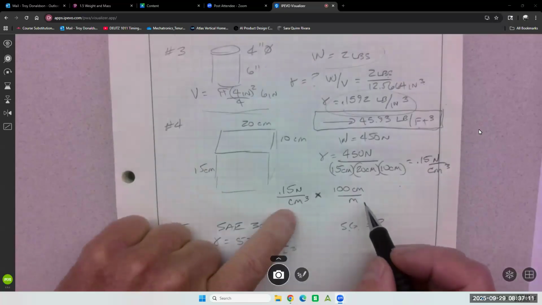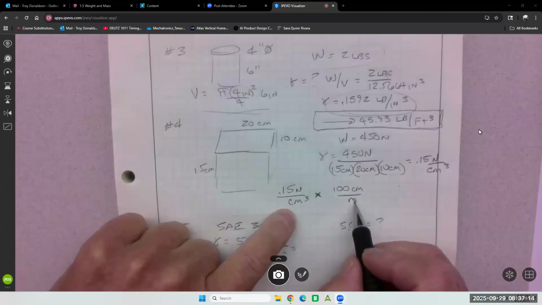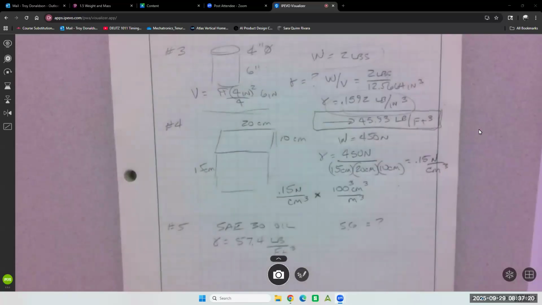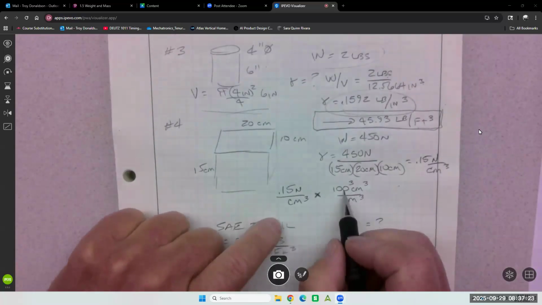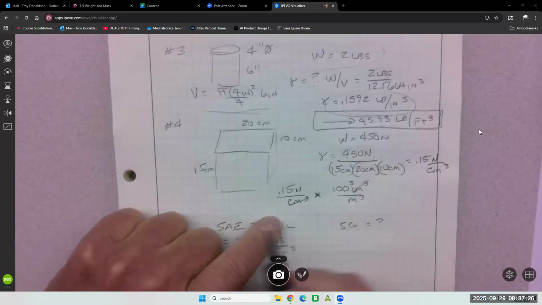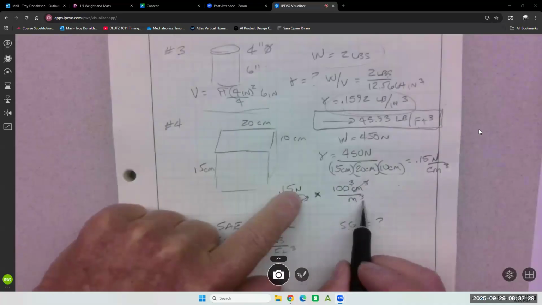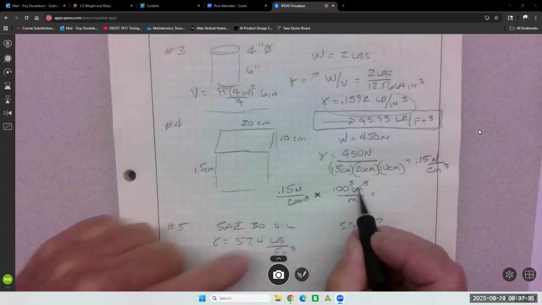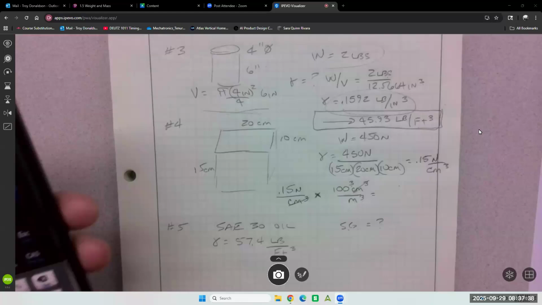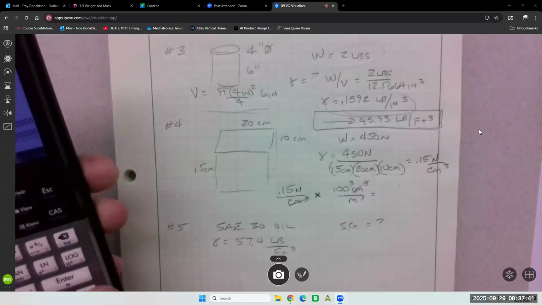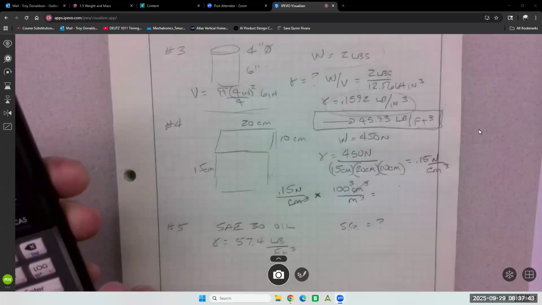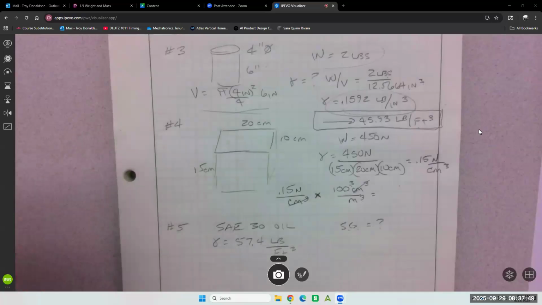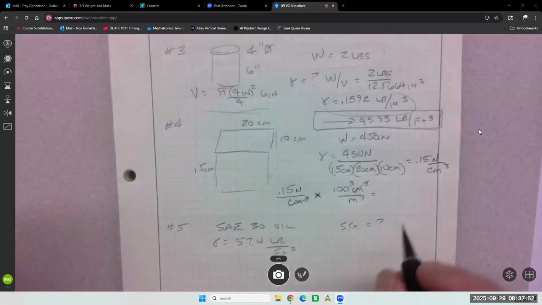This is the conversion for 1 centimeter and 1 meter. If I want it to the third, I put everything to the third. So I've got to have a factor of 100 to the third to get these centimeters to the third to cross out. That gives me newtons per meter to the third. So just move the decimal place 6 times. 0.15 times 100 to the third gives 150,000.